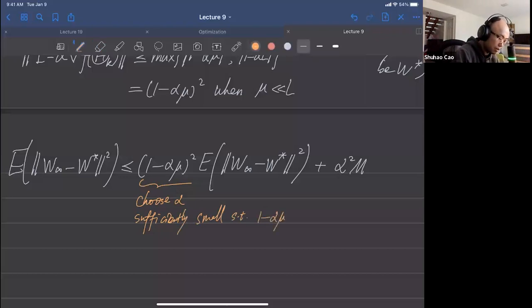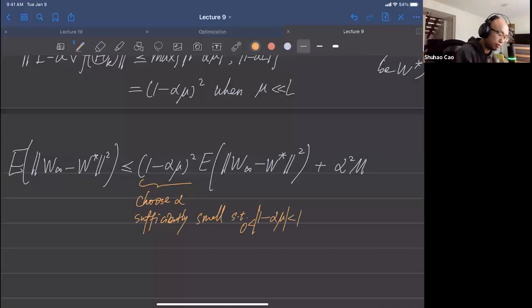So 1 minus alpha mu is less than 1, but greater than 0. Or I should say absolute value, sorry.